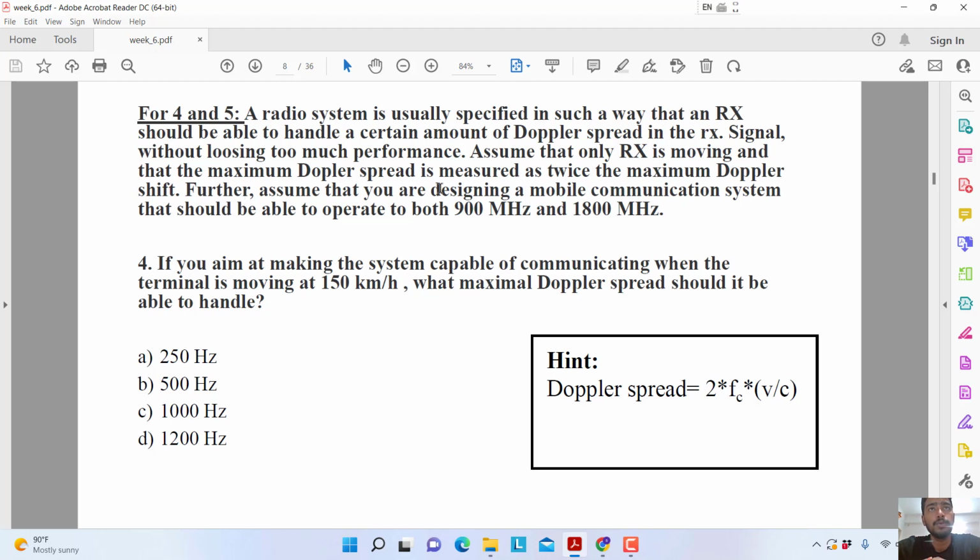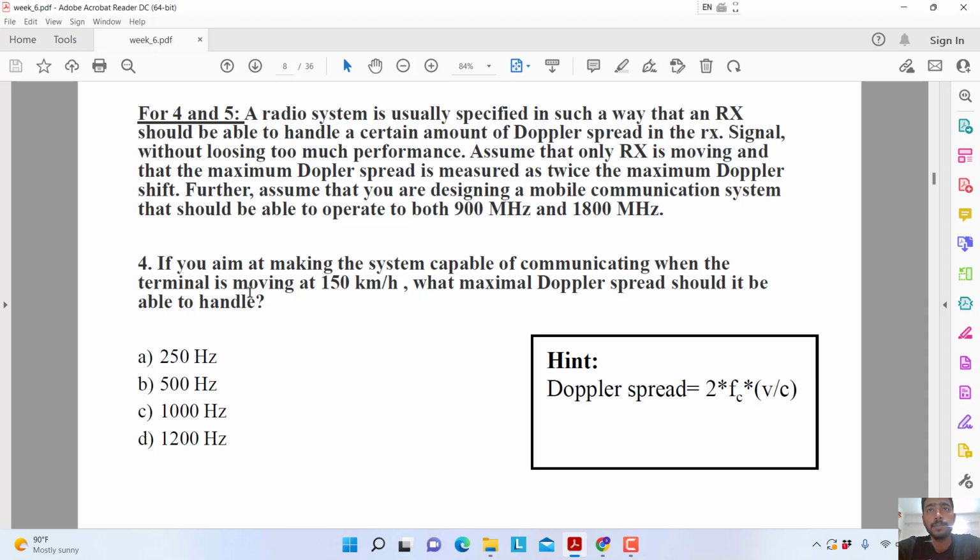Further, assume that you are designing a mobile communication system that should be able to operate at both 900 MHz and 1800 MHz. Just read the data. And question number 4 is: if you aim at making a system capable of communicating when a terminal is moving at 150 km per hour, what maximum Doppler spread should it be able to handle?